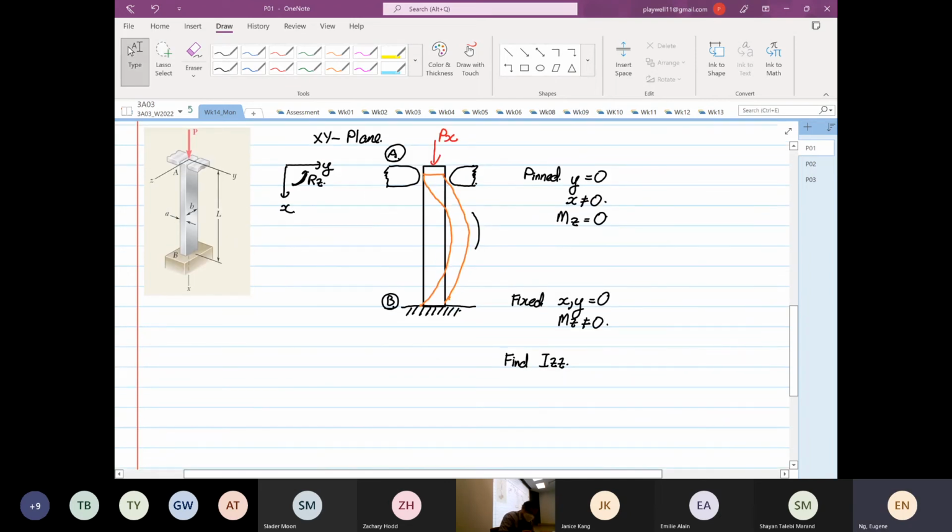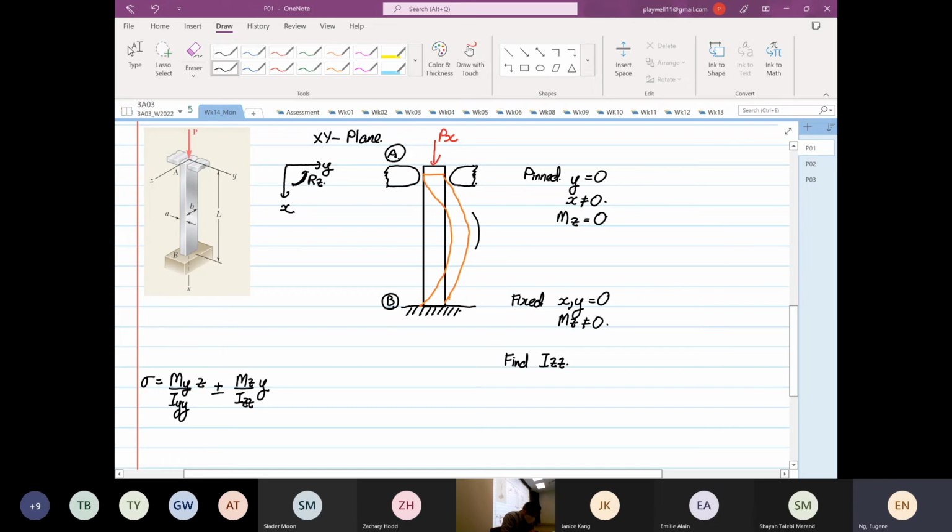I'm trying to relate this to stress due to bending, remember? Where we have y, we divide by IYY, or plus or minus Mz over IZZ multiplied by y.